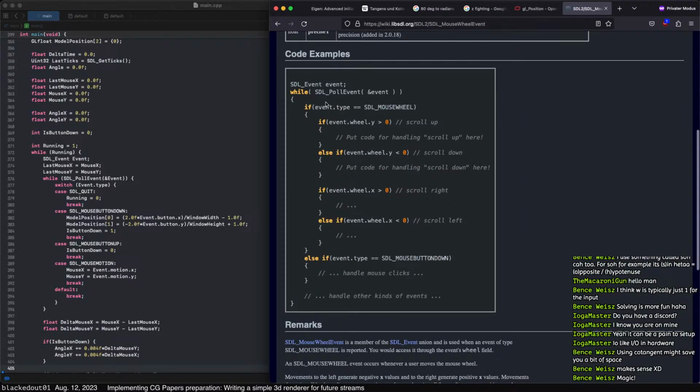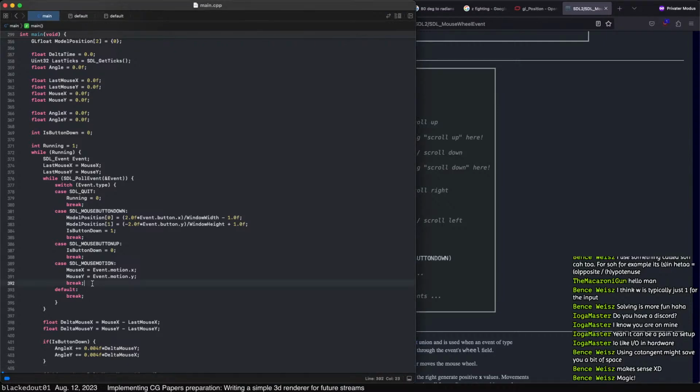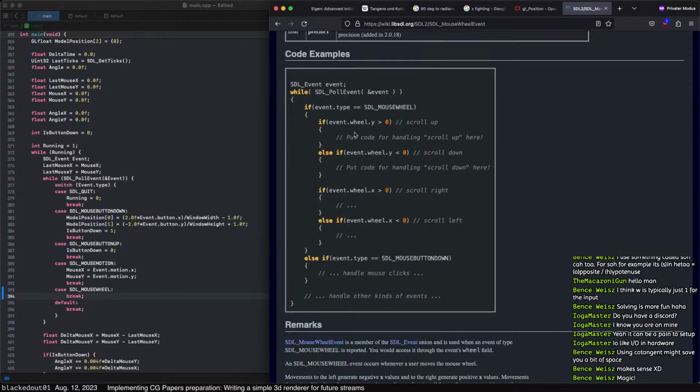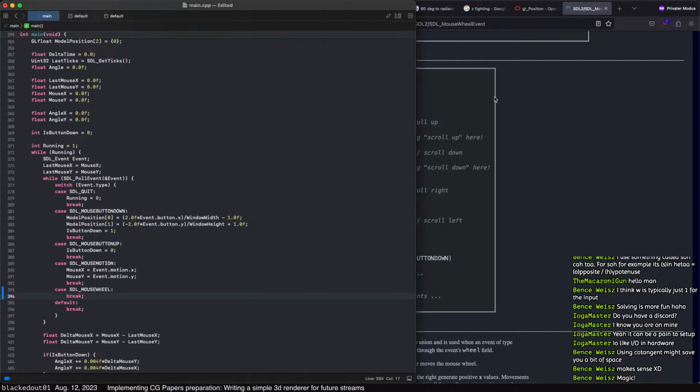So the type is mouse wheel, SDL mouse wheel, right? And now wheel Y. Okay, I think I use Y scrolling.